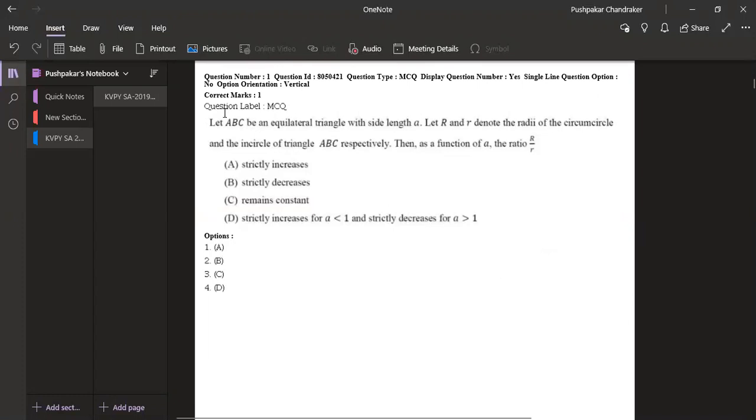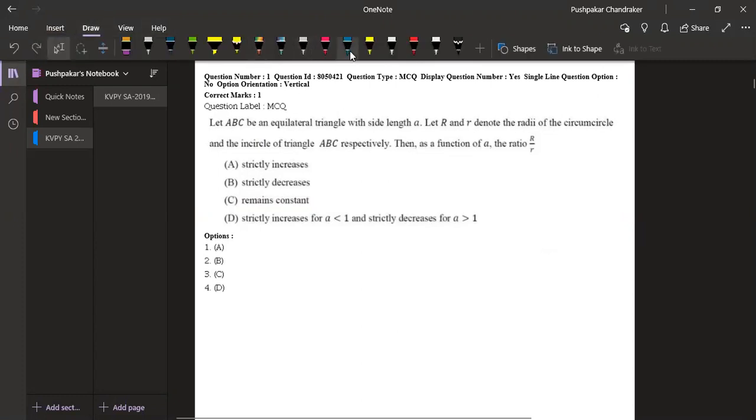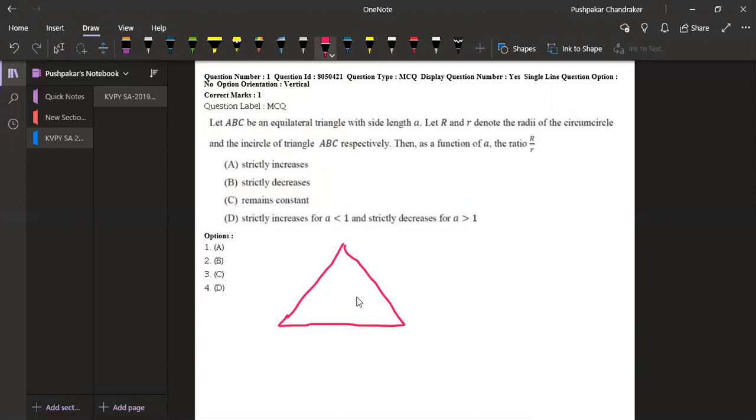So we know the special case of an equilateral triangle. In an equilateral triangle, circumcenter, incenter, orthocenter and centroid all coincide at one single point. And we know if you draw a median, this is my G, in fact this is my I also, this is my circumcenter, this is my orthocenter, all the 4 points are the same.